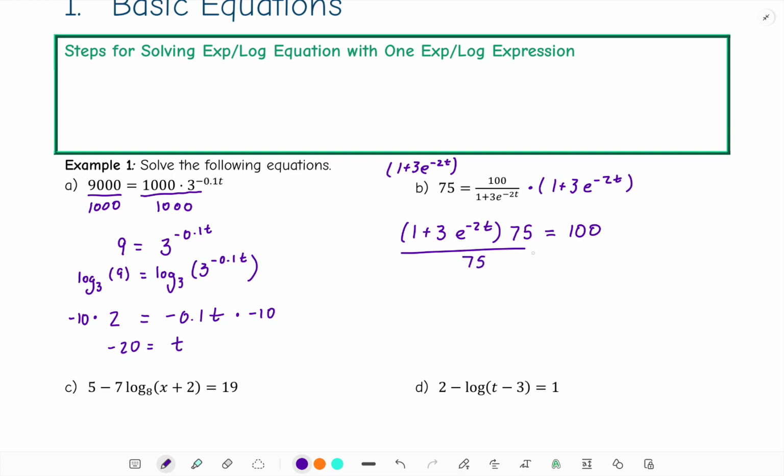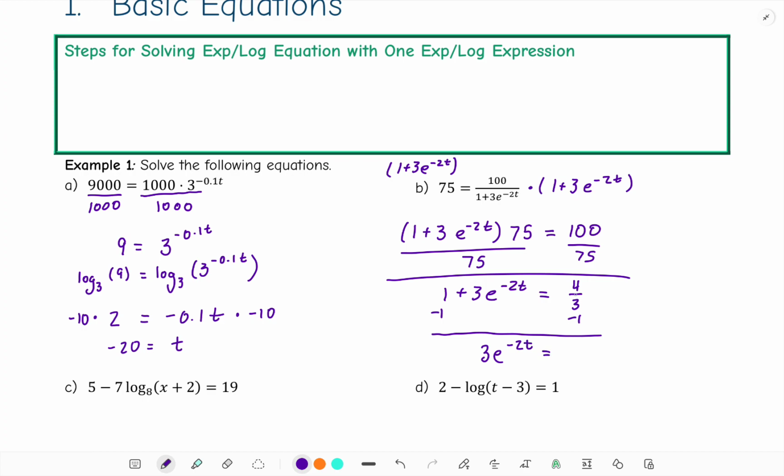We can divide by 75. Get 1 plus 3e^(-2t), and that will be 4/3. Subtract 1, subtract 1. 3e^(-2t). 4/3 minus 1 is 1/3.